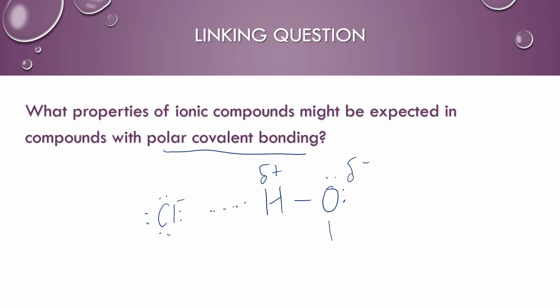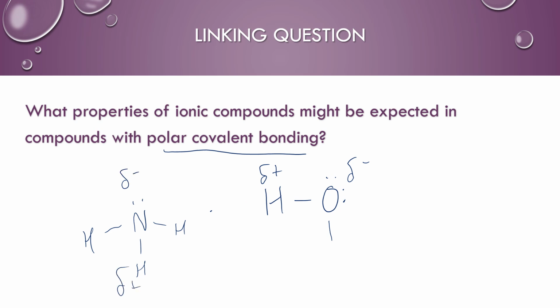They also can dissolve in other polar things. So if you see like ammonia. Ammonia is also a polar molecule, so you have a slightly negative charge and slightly positive charges.